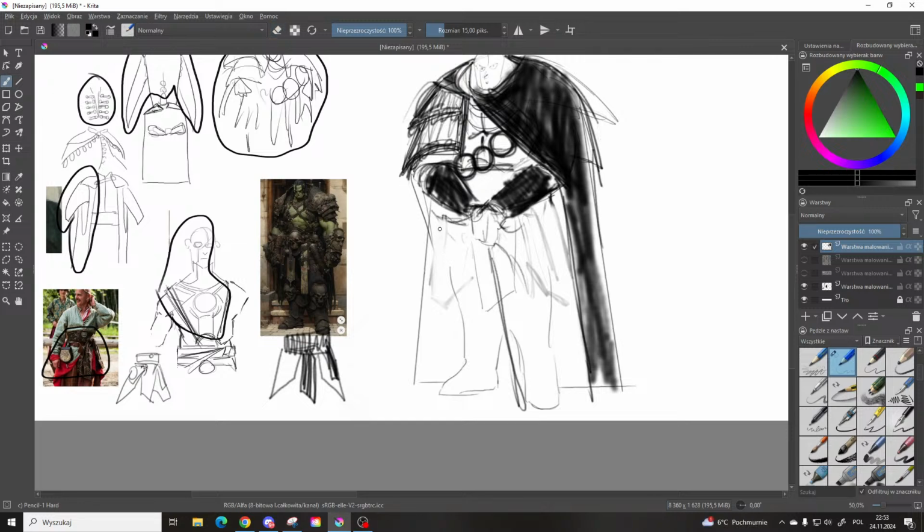Yeah, it's important that at some point you get the essence of all those different things you were searching before, and you simplify it all to big shapes that work well together.